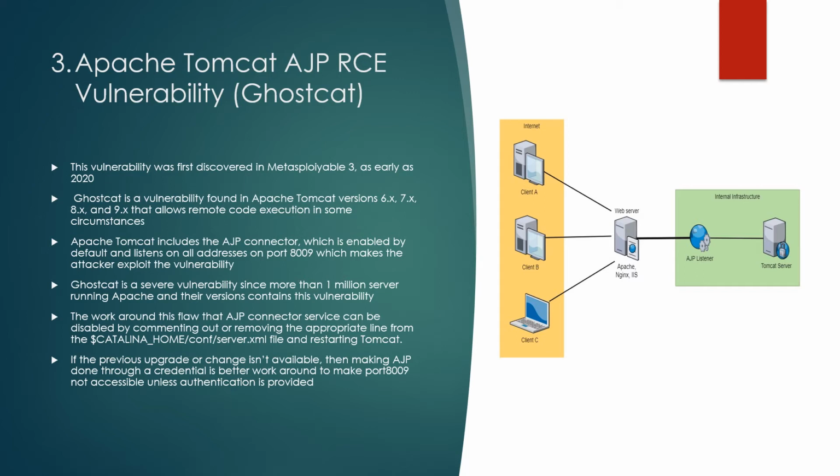The workaround is to either update the version on the servers, because Apache has been used on nearly 1 million servers around the globe, or remove the connector service line from the code.